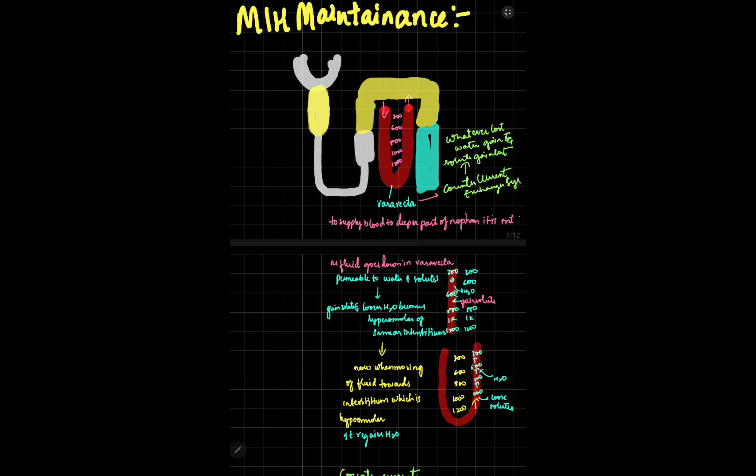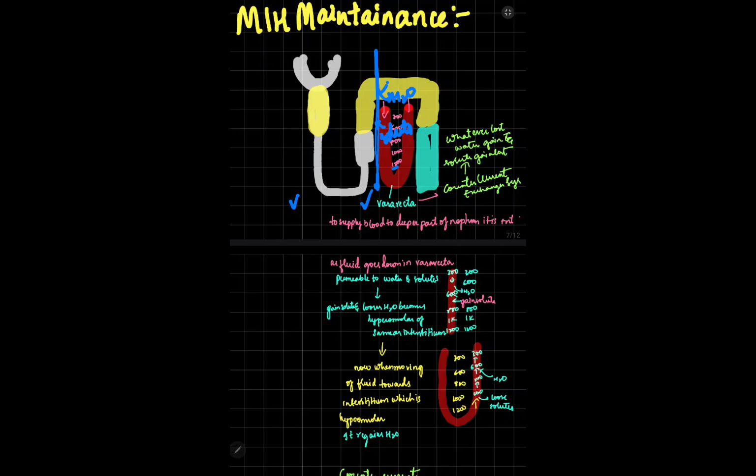To understand how this is important: it is very important to supply blood to every part of the nephron, even the deepest part. But if the blood vessel were just straight like this, then while moving down it would have lost all its water and gained all the solutes.